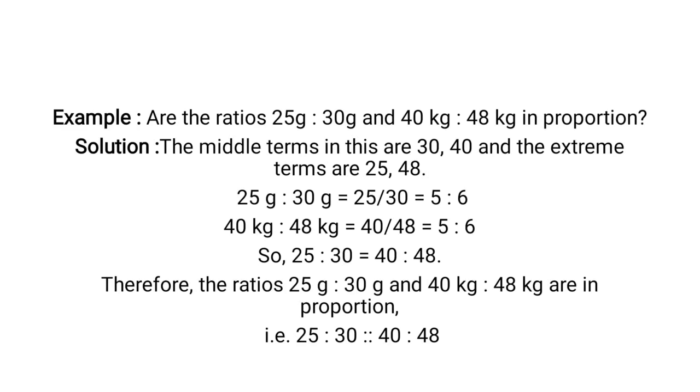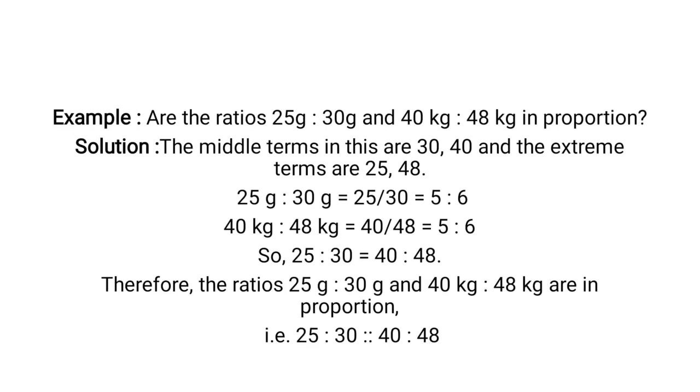Here, 30 and 40 are the middle terms, while 25 and 48 are extreme terms. Also, 25 grams is to 30 grams would be equal to 5/6, that is 5:6. Similarly, 40 kg is to 48 kg would be equal to 5/6, that is 5:6.